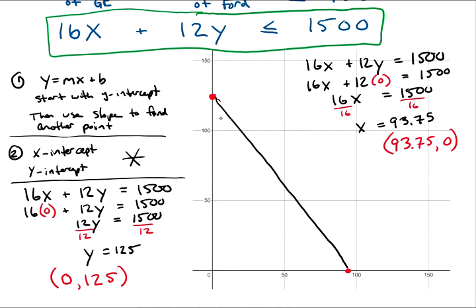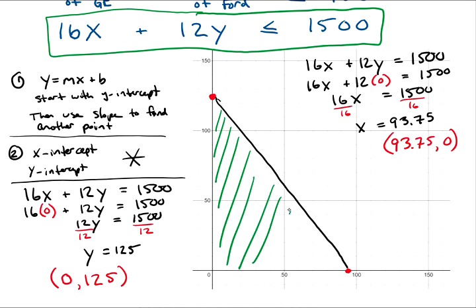Less than means below, so we shade below the line. Any point on the line is where she's spending all $1,500, the equal to 1,500. Any point below the line is where she's spending less than 1,500.